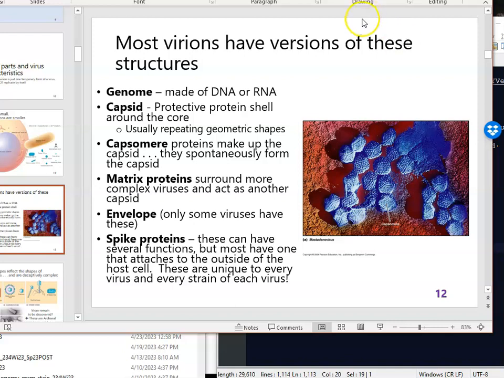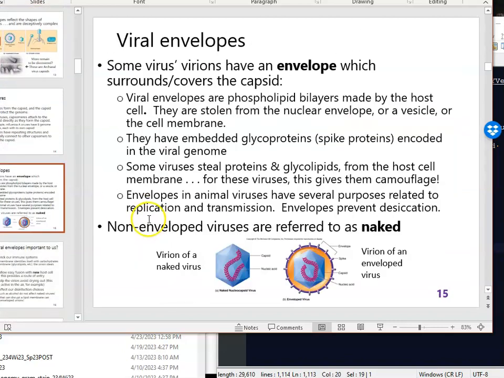Part of the challenge here is seeing the effects these all have, and the envelope is a big one. The envelope is an alternative place to route the spike proteins. So spike proteins for an envelope virion will be attached to the envelope as opposed to attached to the capsid in a naked virion.